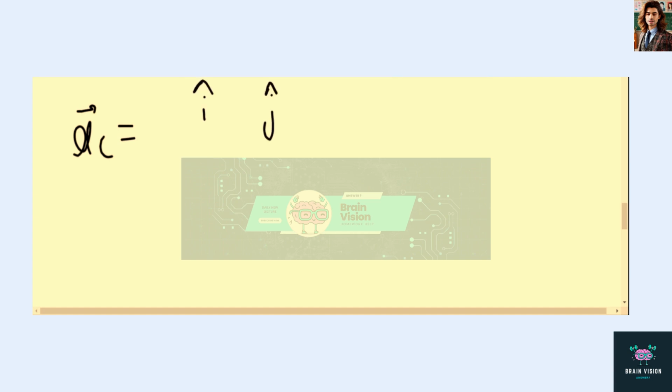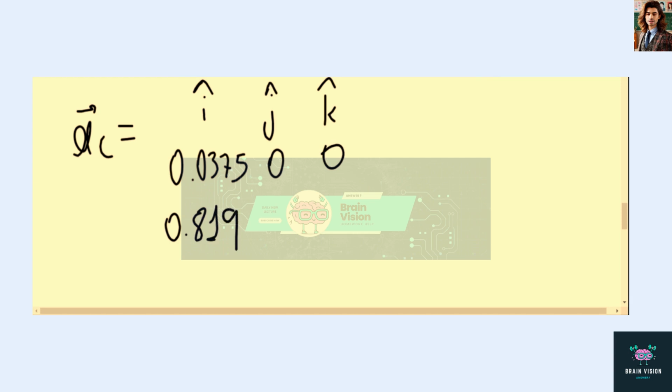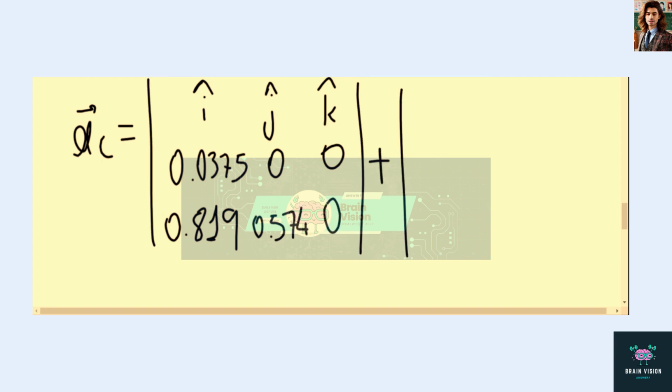Let me write them down really quickly. This is the angular acceleration. This is the position of point C as we wrote it before. Plus another determinant.